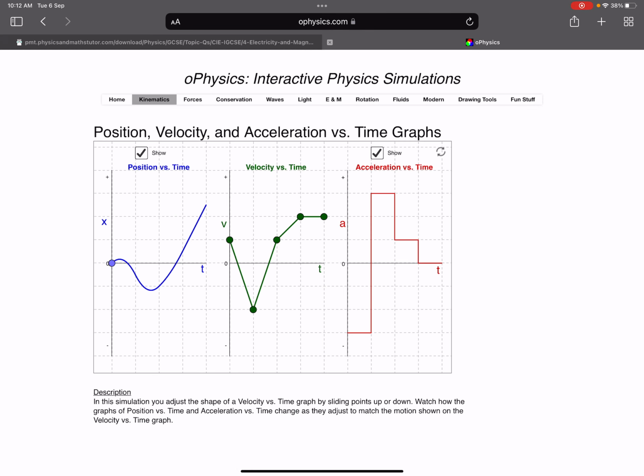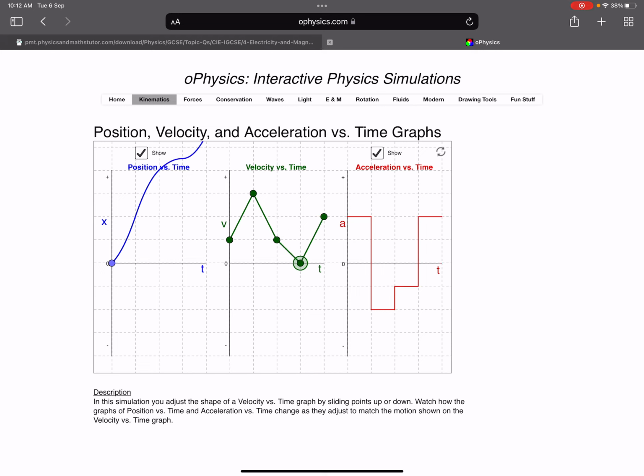If you are changing the position of your velocity, like suppose here you have this positive value, then you can see how the displacement and the acceleration of the body are changing.